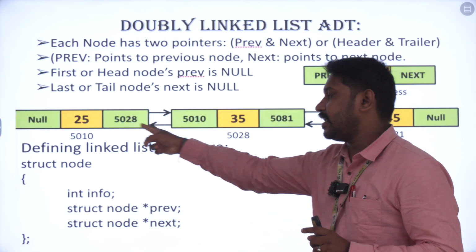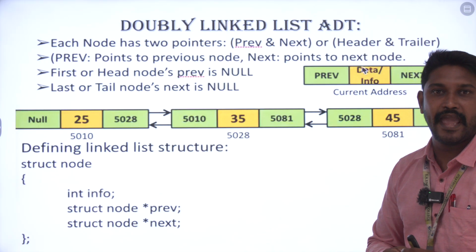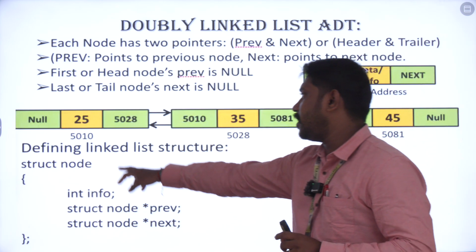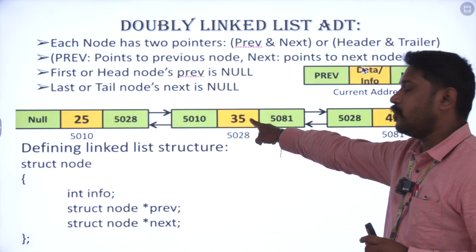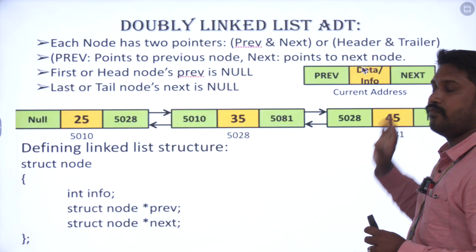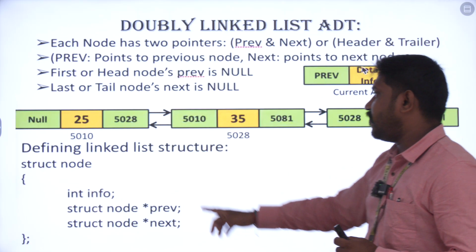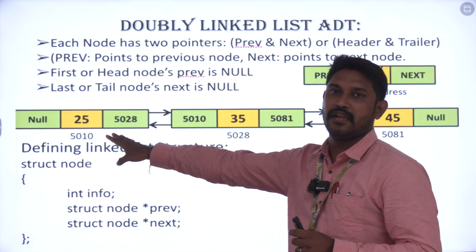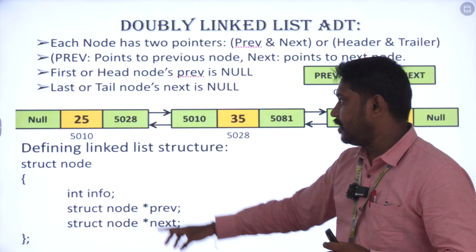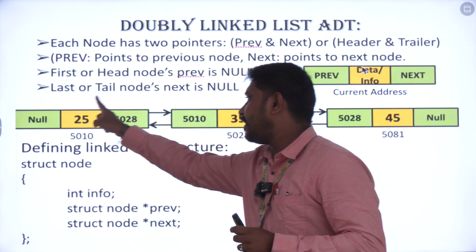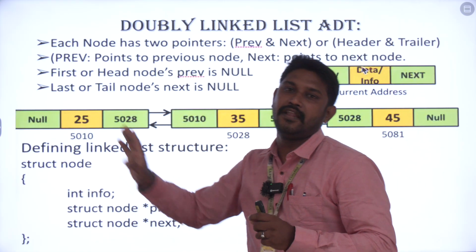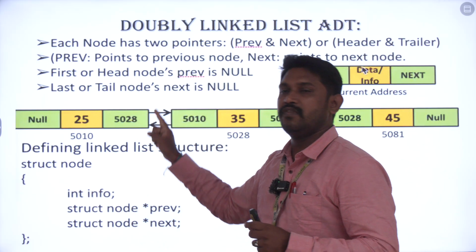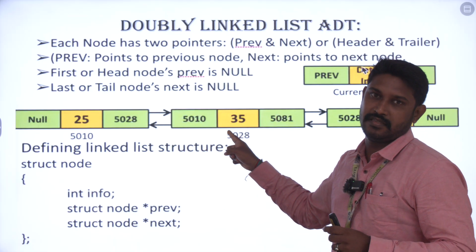Let us consider a basic example here. I have inserted three nodes in the double linked list: the first node is 25, the second node is 35, and the third node is 45. Kindly make a note: the first node of the linked list will be the header node, and in that you will have the previous and the next pointer. The previous pointer of the header node is always null, and the next pointer stores the address of the next node.